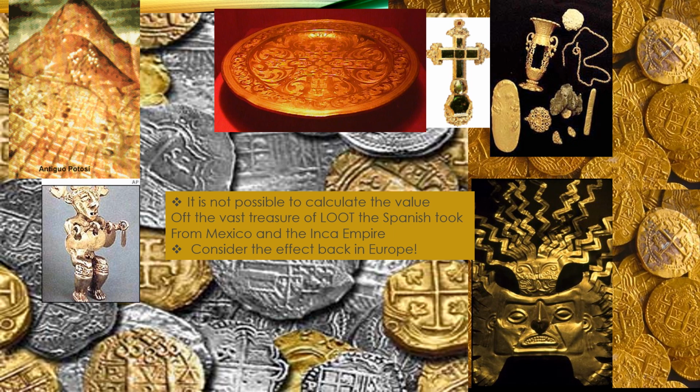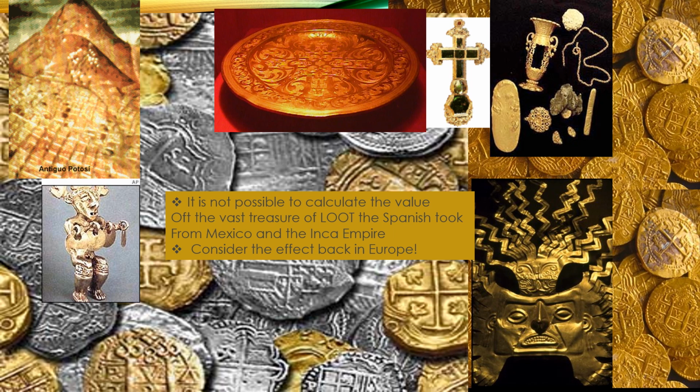They're still pulling silver ore out of that mountain in Bolivia. It's a hugely, fabulously wealthy silver strike. So it's amazing. This is all being loaded on vast treasure ships, huge giant treasure chests, and sent back to Spain.